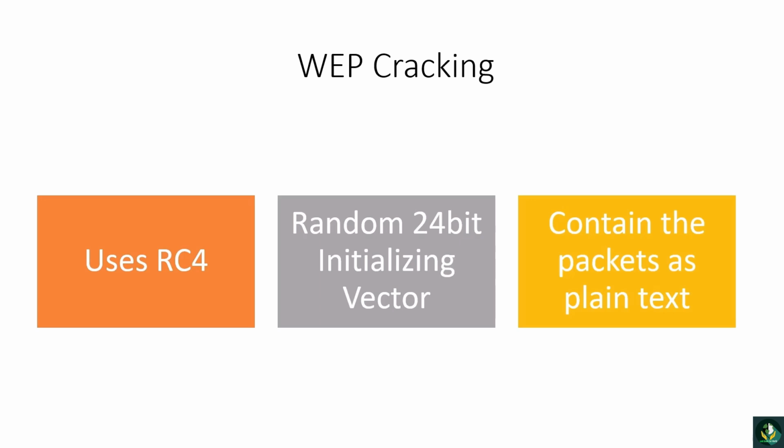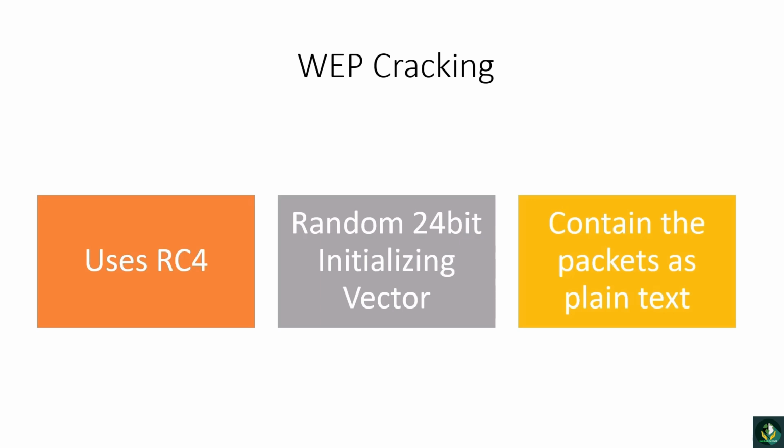The same way, when the client sends a packet, it encrypts it and sends it into the air. The access point then receives it, and since the access point has the key, it will decrypt the packet.